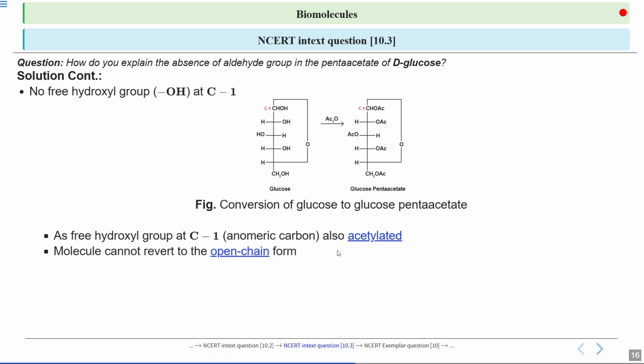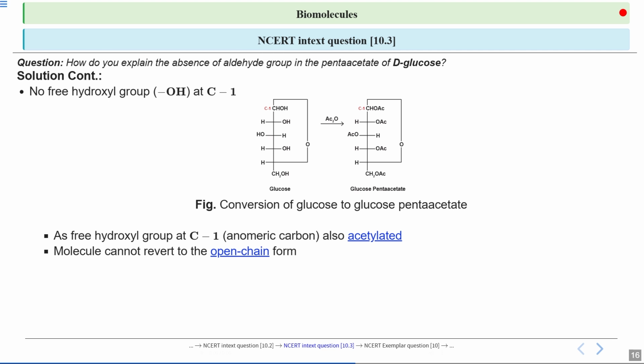Because the hydroxyl group at C1 is no longer free, the molecule can't switch back to its open chain form. And remember one thing, that the open chain form is necessary for the aldehyde group to be exposed and react. Without this ability, the aldehyde group stays hidden.